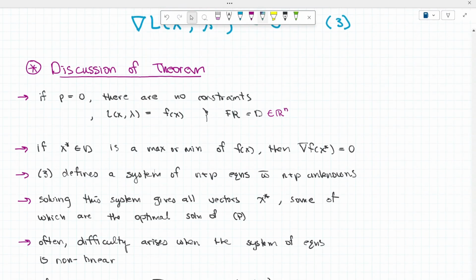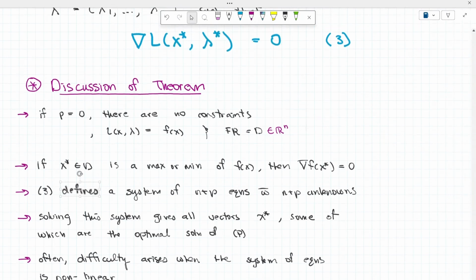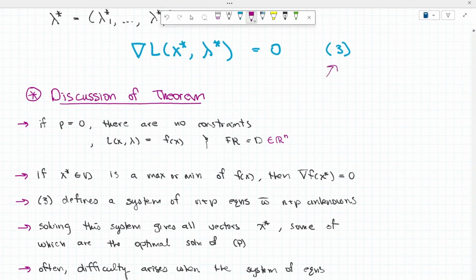Next, number 3, which is our equation right up here, defines a system of n plus p equations with n plus p unknowns. That's a basis of algebra: you must have enough equations equal to the number of variables in order to solve.